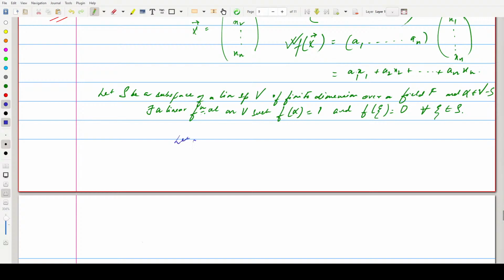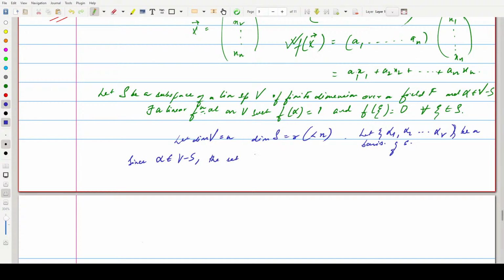Let dim V equal n and dim S equal r, which is less than n, and let alpha 1, alpha 2, so on and so forth, alpha r be a basis of S. Since alpha belongs to V minus S, the set alpha 1, alpha 2, so on and so forth, alpha r, alpha is linearly independent.